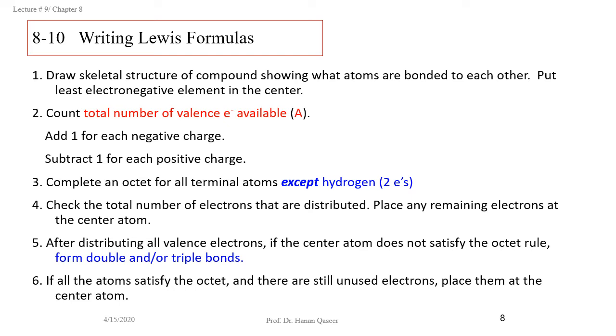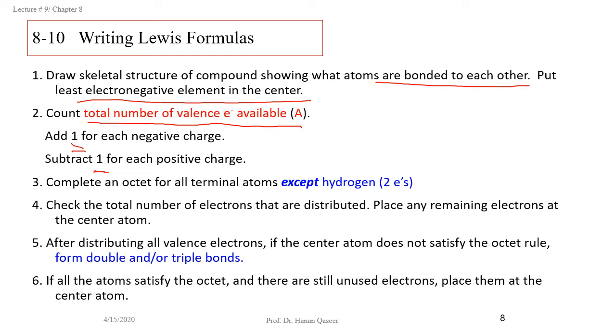First step, draw skeletal structure of compound showing what atoms are bound to each other and put least electronegative element in the center. دائما الذرة اللي أقل كهروسالبية إلها بيكون في المركز. بعدين count total number of valence electrons available، اللي هي نحسب عدد الإلكترونات التكافؤ اللي موجودة، اللي هي بعدها بنضيف 1 للنيجاتيف تشارج وبنطرح إلكترون for positive charge.